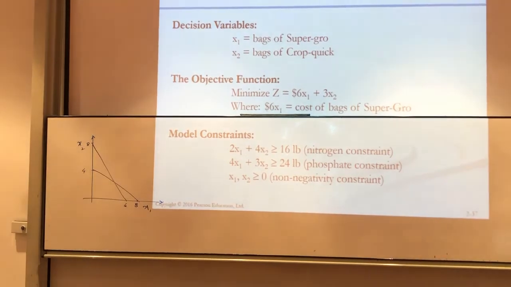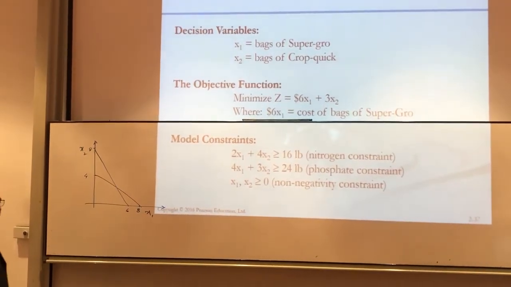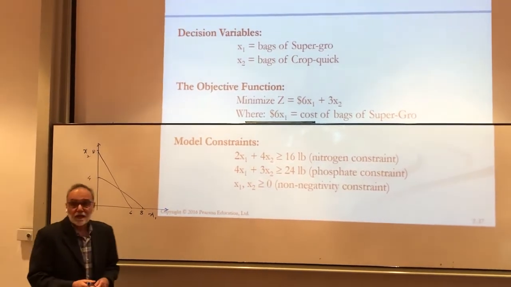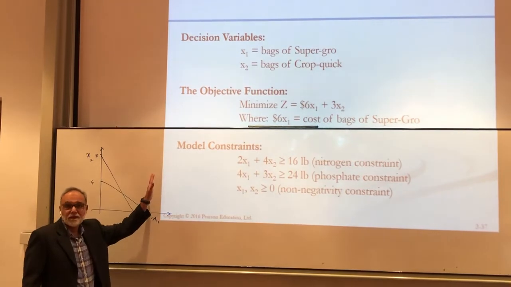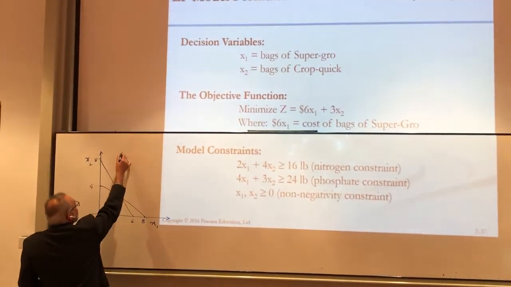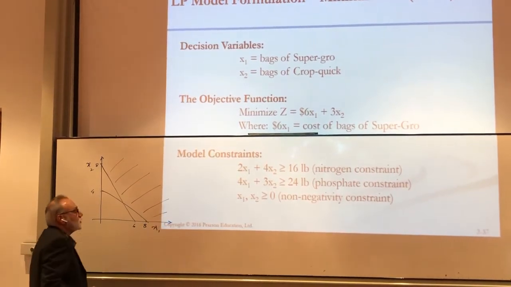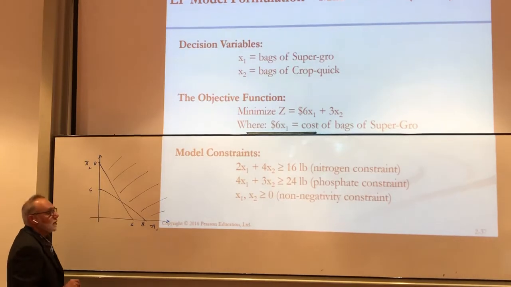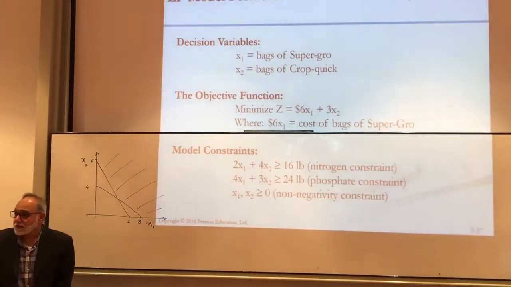Okay. Now since these are greater or equal to constraints, these constraints are active on which side? This side or this side? Up, right? So these are active on this side, and this is the feasible region. This means that the solution will lie anywhere in this region.